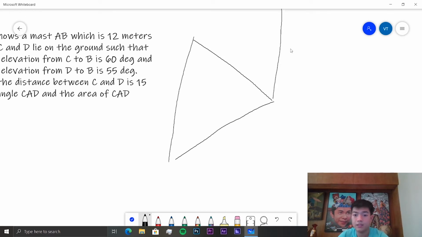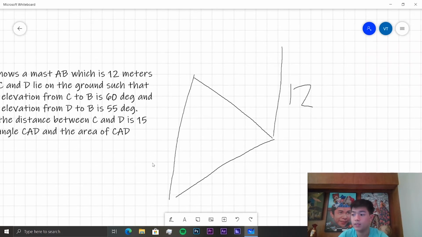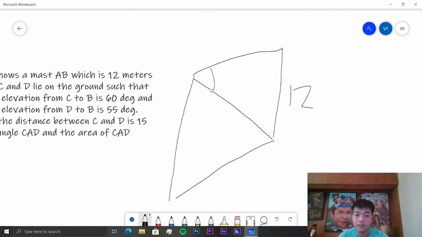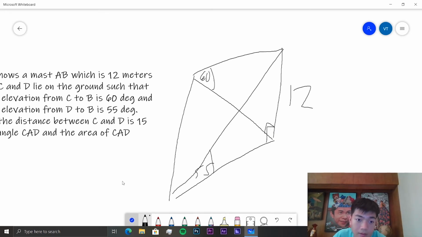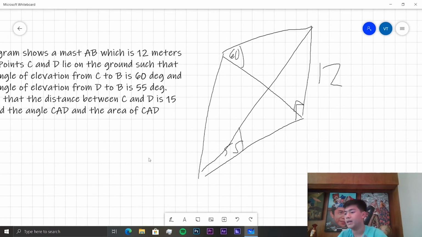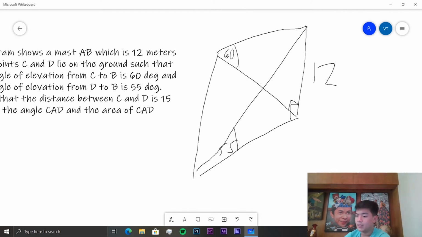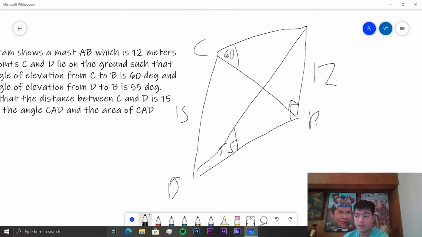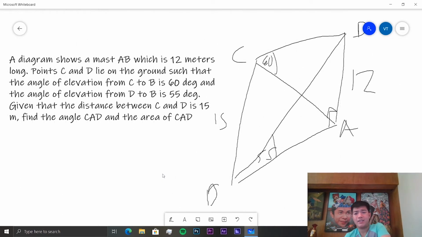So what we actually have is sort of a pyramid here. This is a vertical line, 12 meters up. And then this is 60 degrees. And then this line connecting here, this is 55. So this is 3D. So this is perpendicular and this is perpendicular. So yeah, okay. Between C and D is 15. So D, C, B, A, B. We need to find angle CAD and the area of CAD. Okay.